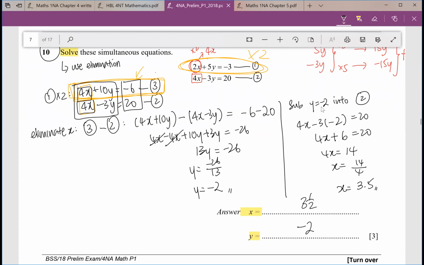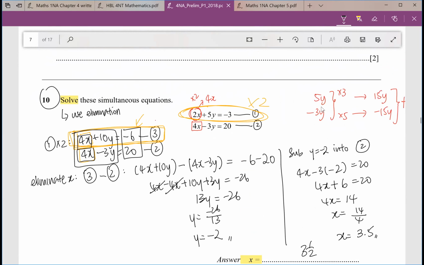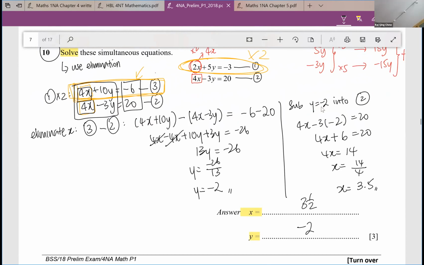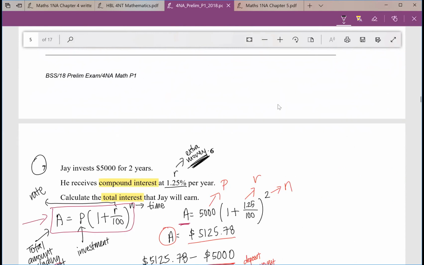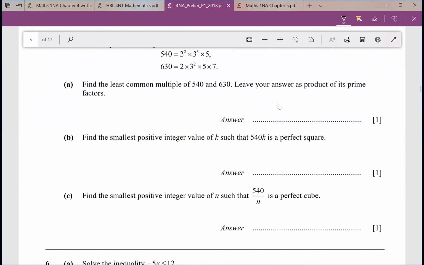What is 11? I've never seen it before. And the whole of question 5 and 6. Question 5 I did in class.